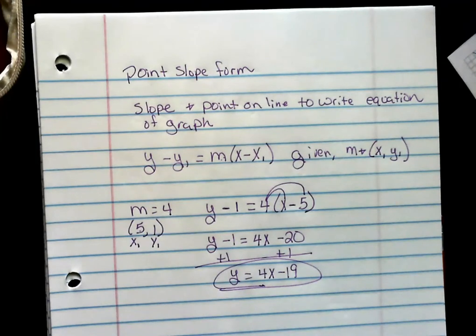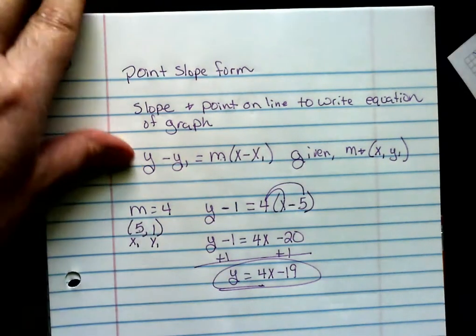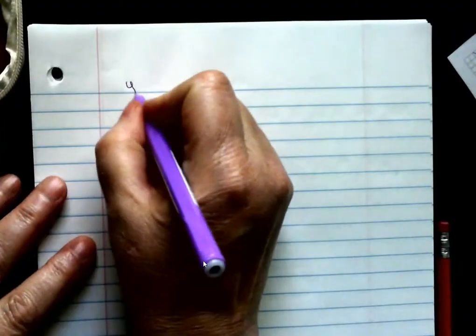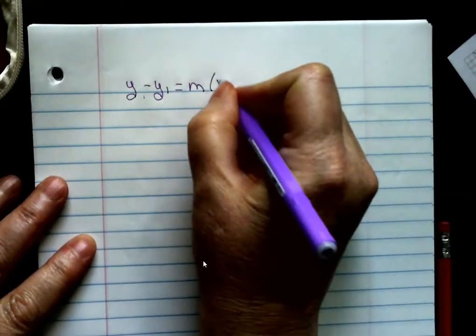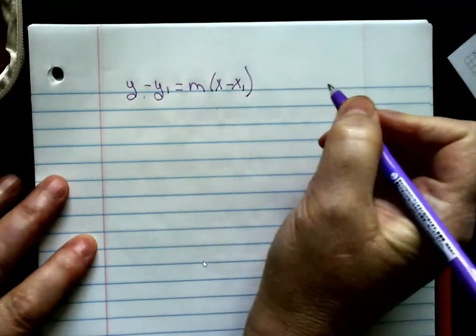The hard part's going to be when you guys have fractions, and there's a lot of fractions on your homework. So let's do one of those. I always like to write my formula down so I don't mess up. Y minus y1 is equal to m times x minus x1.